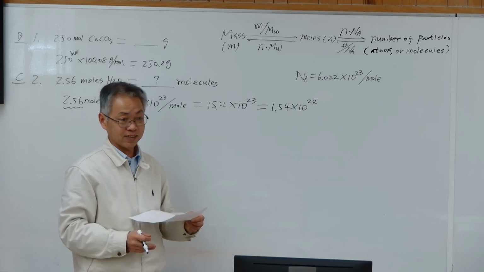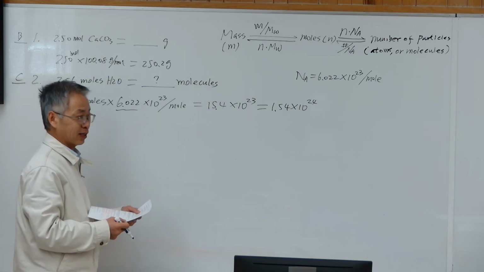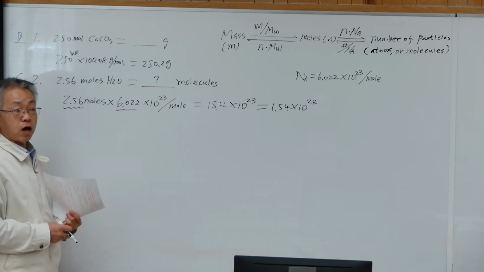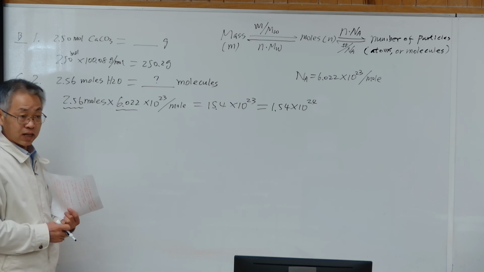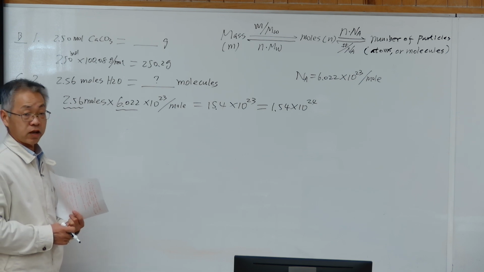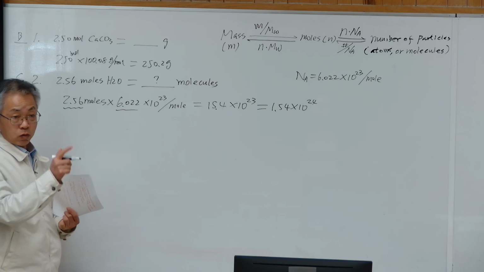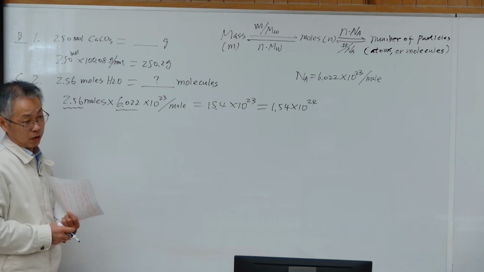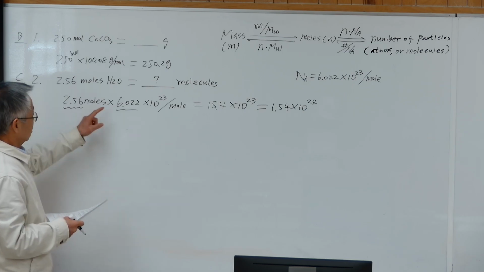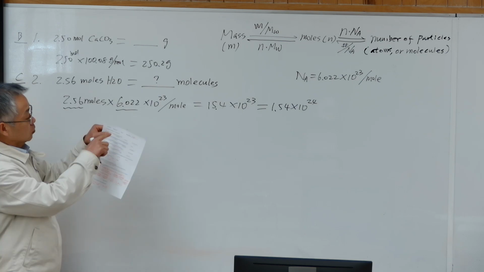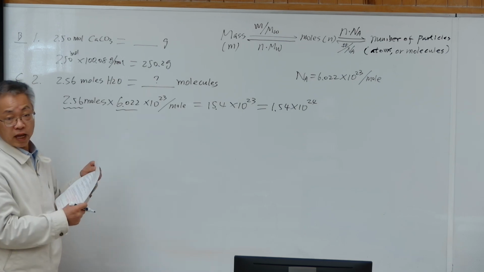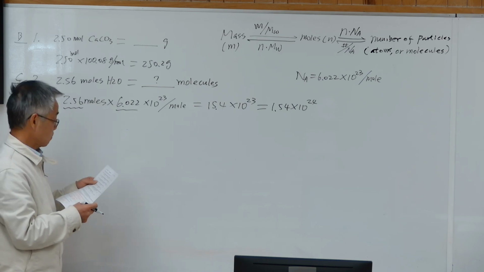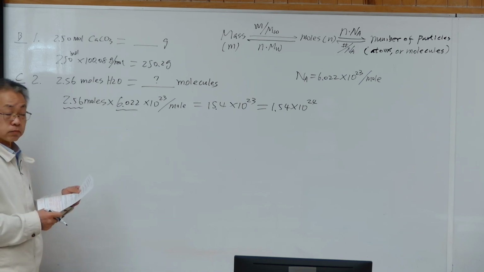Of course, C. In the future, if only one choice is a very big number, that is the answer. Of course, if more than one choice has a very big number, you do need to calculate moles multiplied by Avogadro number. And the Avogadro number I provide here. During any test, I always provide you the Avogadro number. You're okay with this? Okay.